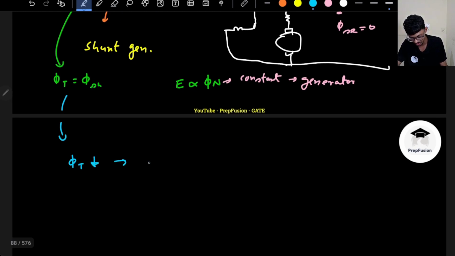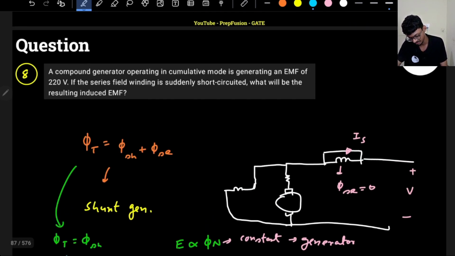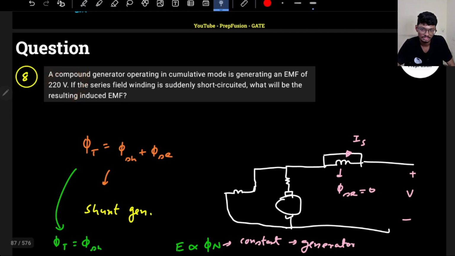If the overall flux has reduced, the generated EG also will reduce. So basically my current EMF will be somewhat lower than the previous 220 volts because the generated EMF will reduce. That is the solution basically.